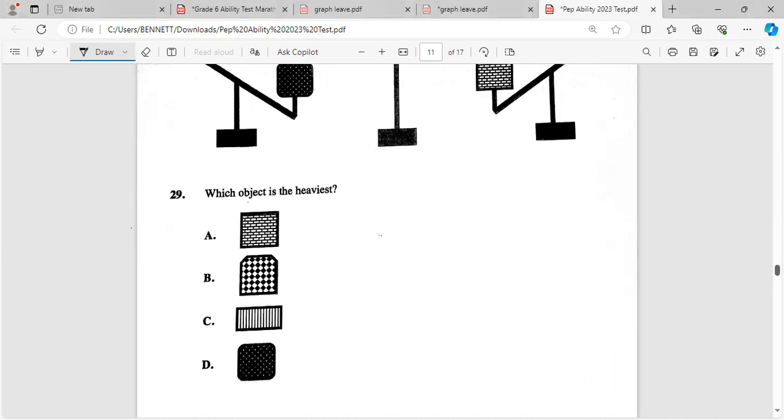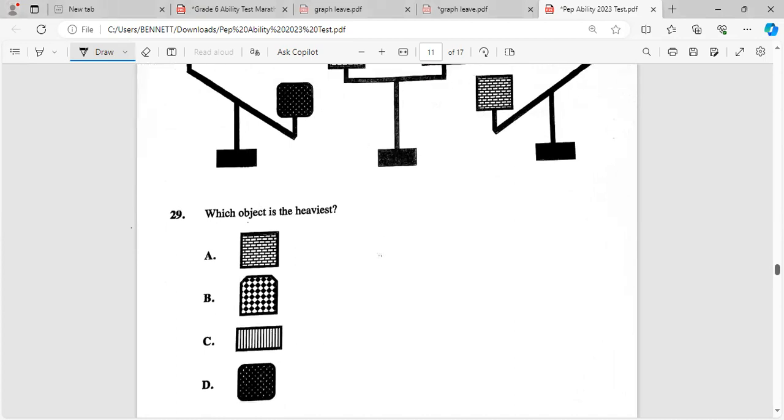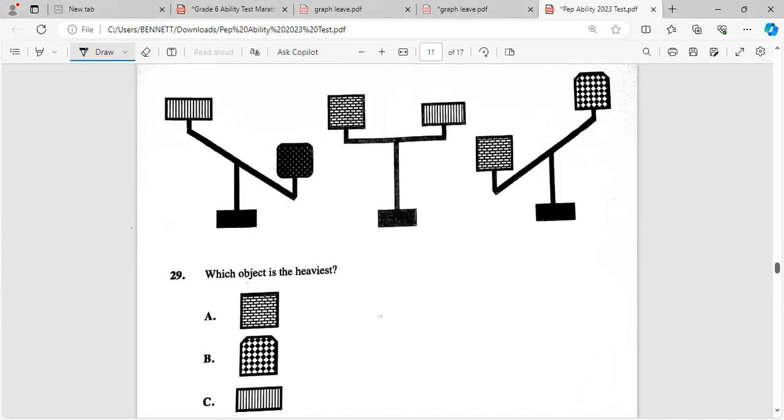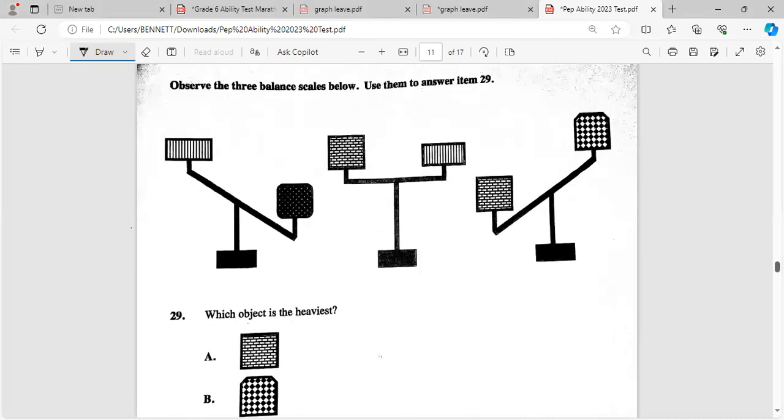Yes, D as in dog. Yes, sir, because if the black one over there is heavier than the other one, that means the rectangular is lighter than the square, and if the brick one right there is heavier than the other one, that means it might be lighter than the black one.